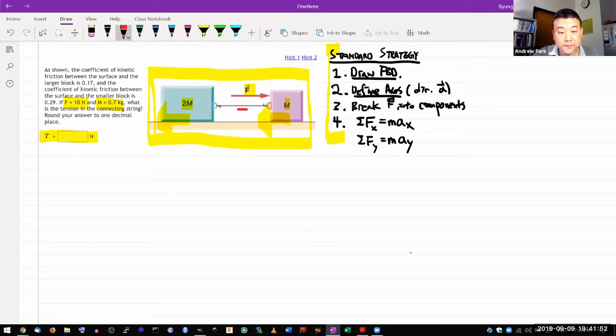And figuring out this tension is something that if you're trying to do it intuitively, you'll eventually recognize that you are stuck. Because intuitively guessing, you could guess something like 10 newtons. And the system will say it's wrong because it's wrong.